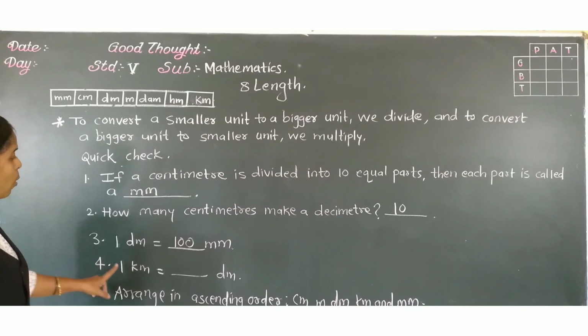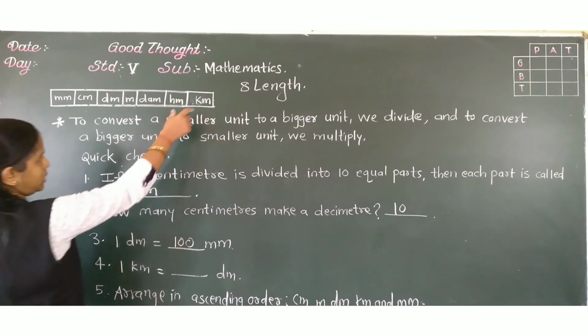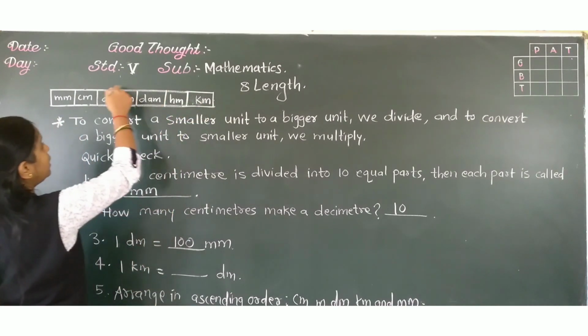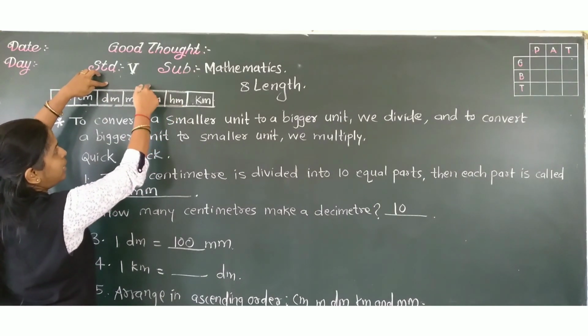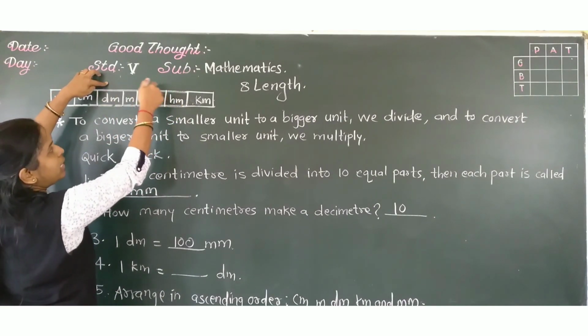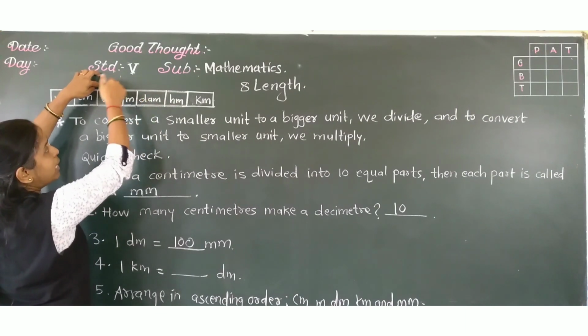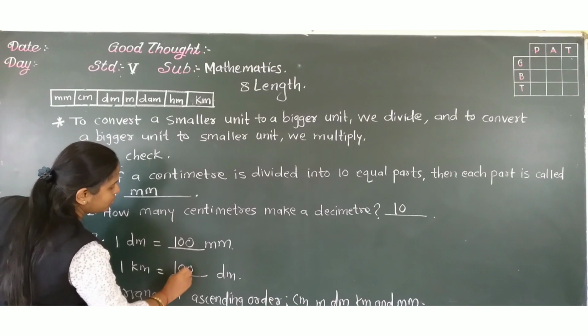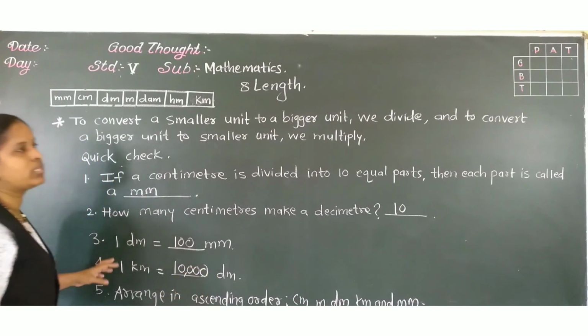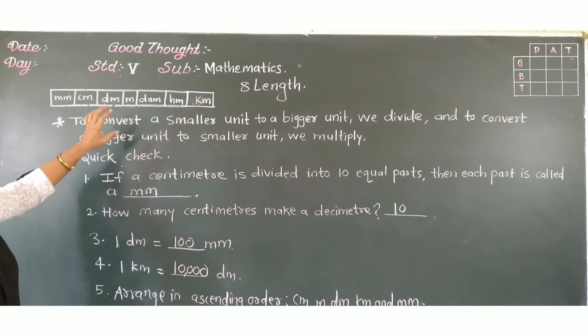Next, 1 kilometer is equal to how many decimeter? Now see, this 10 and 10. So 10 tens are 100, 100 tens are 1000 and 1000 tens are 10,000. That is 10,000 dm.